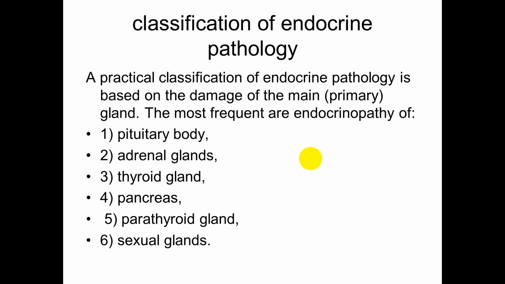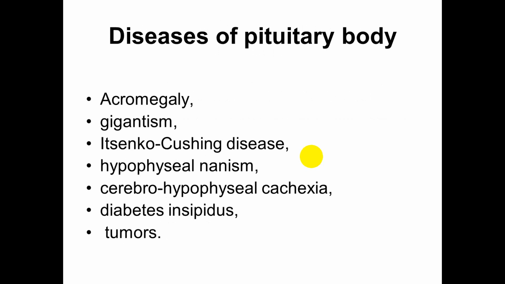A practical classification of endocrine pathology is based on the damage of the main primary gland. The most frequent are endocrinopathies of the pituitary body, adrenal glands, thyroid gland, pancreas, parathyroid gland, sexual glands.